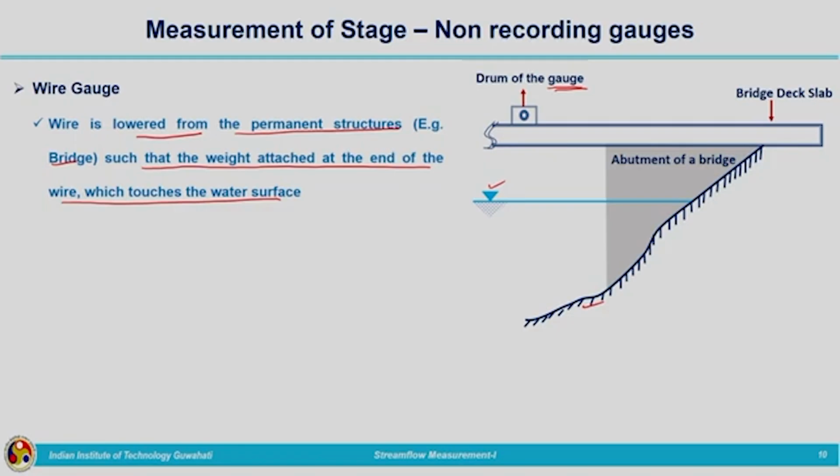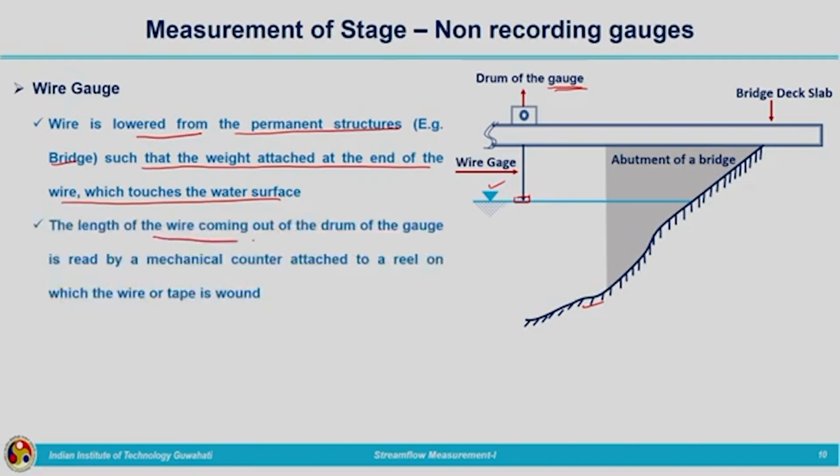That is, the wire is lowered from the bridge like this, and here at the bottom we have a weight attached to it. That weight will be touching the water surface. This wire gauge is lowered from the permanent structure such as a bridge, and the length of the wire coming out of the drum of the gauge is read by a mechanical counter attached to the reel on which the wire or tape is wound.